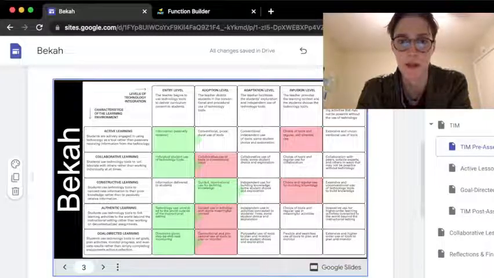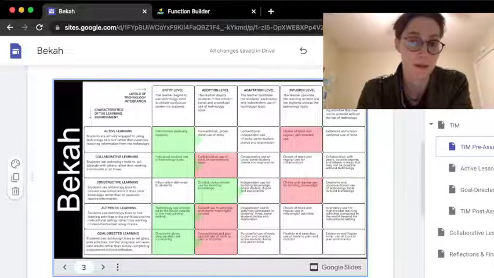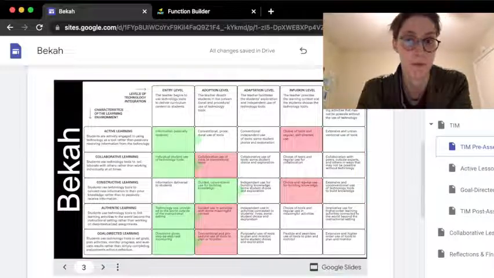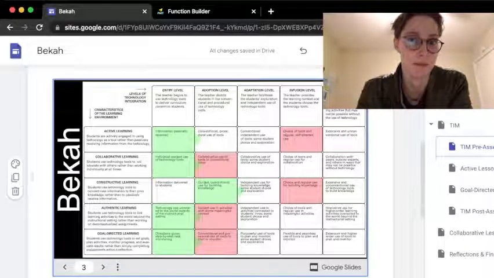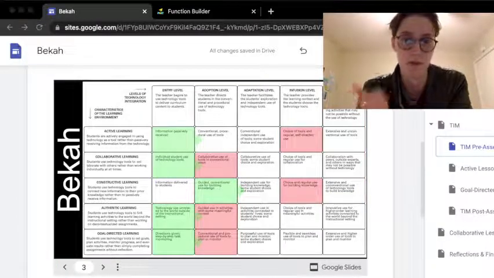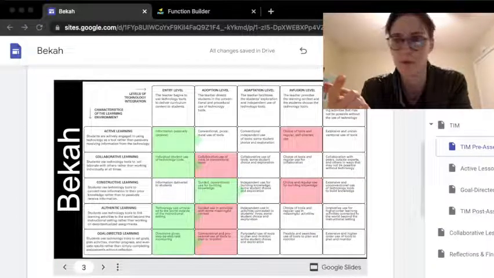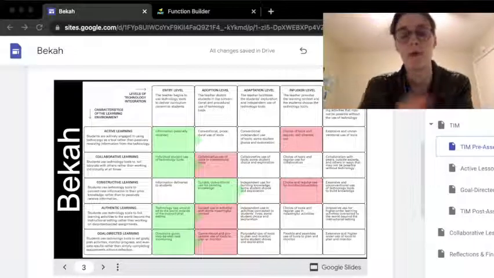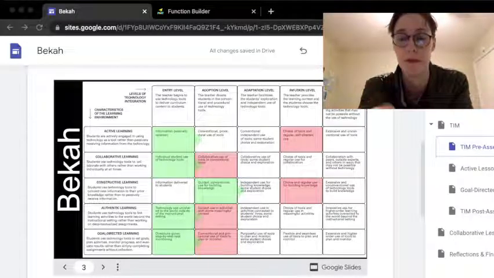And then I think that by using this PhET simulation for that introductory activity, we're moving into the adaptation level. That's because students can work independently on this tool. They are sort of shoehorned into using one tool, but within that tool, there are multiple ways for them to choose.